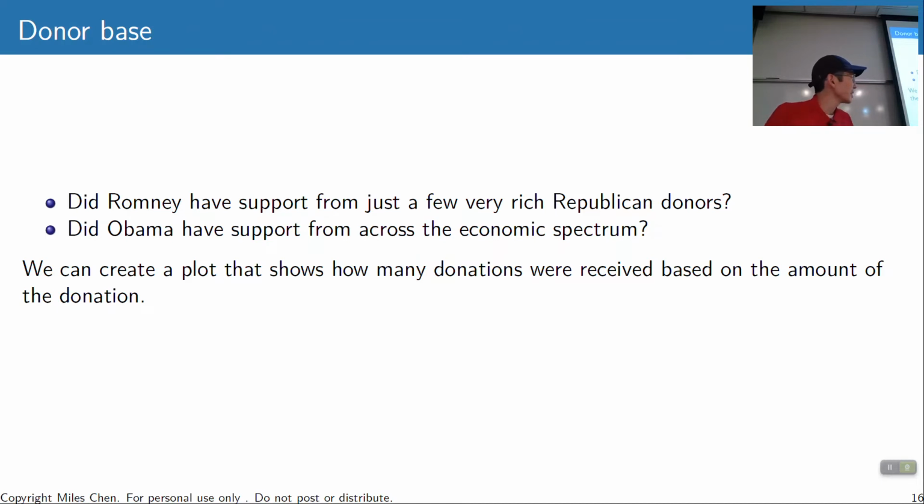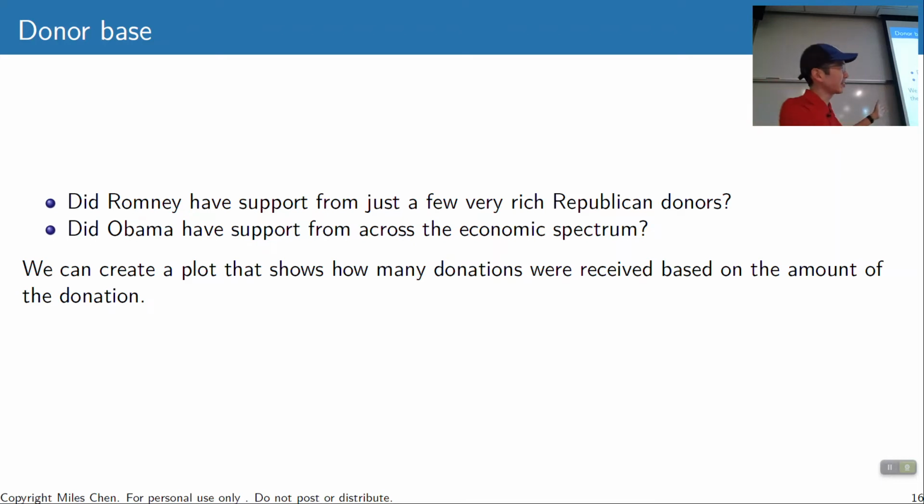But there was talk at the time, and this narrative still exists a little bit, about whether, with a lot of money spent against Obama and on behalf of Romney, he just has these very rich Republican 1 or 2 donors or PACs that are spending a whole bunch of money versus Obama.